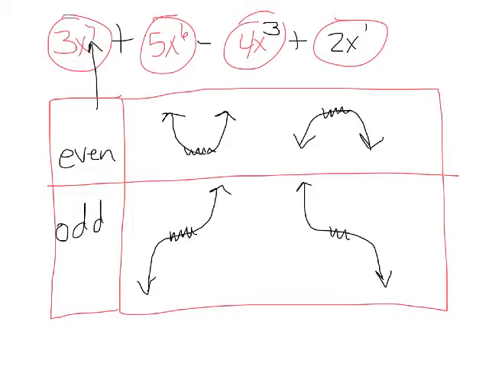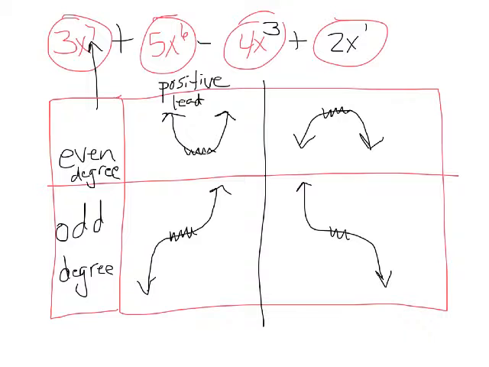So if you have an even degree or an odd degree, this would be a positive leading coefficient, and this is a negative leading coefficient.